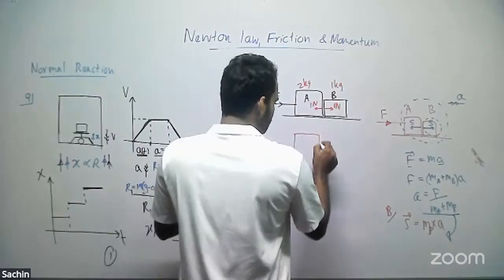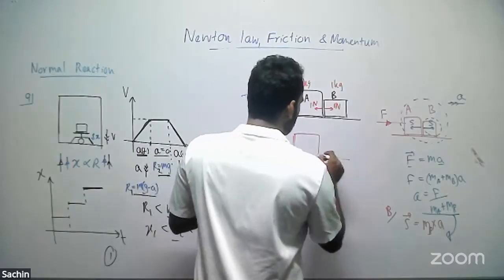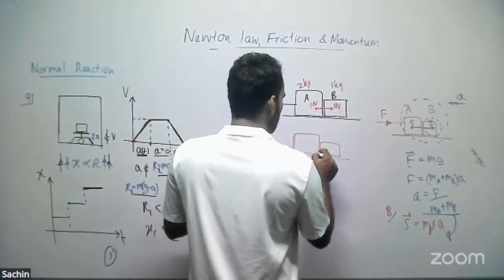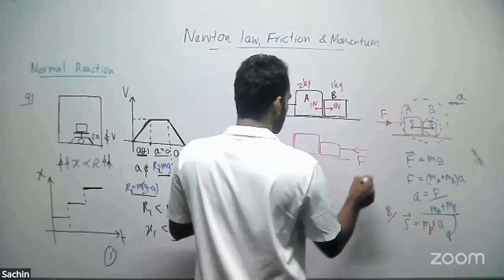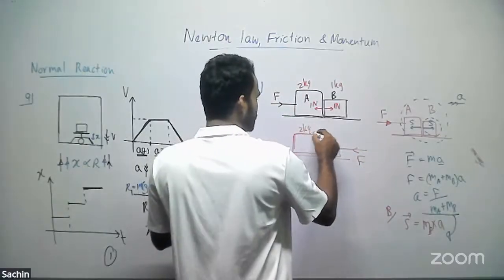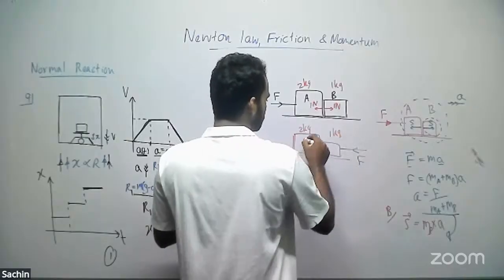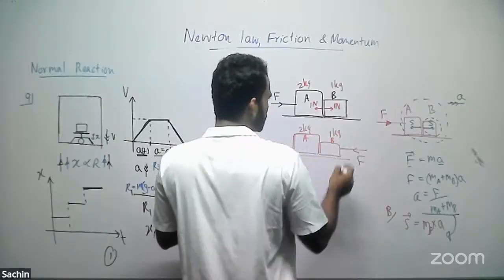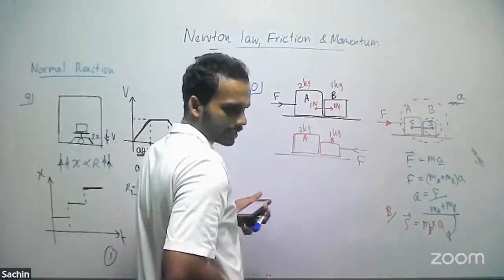And they are asking to calculate the same reaction if that same force is given to the other object. That means to B, the external force is given to B, what would the reaction be?